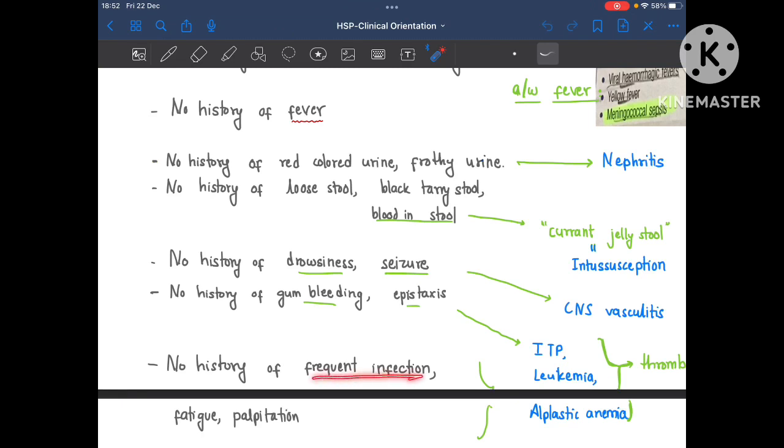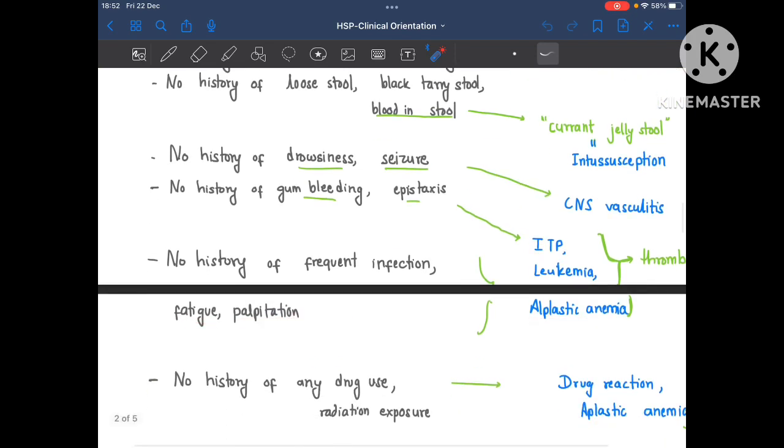Now, history of frequent infection, fatigue, or palpitation. I asked this for aplastic anemia and leukemia. Why? Because in both aplastic anemia and leukemia there is decreased WBC count and decreased RBC leading to anemia, which presents with fatigue and palpitation.